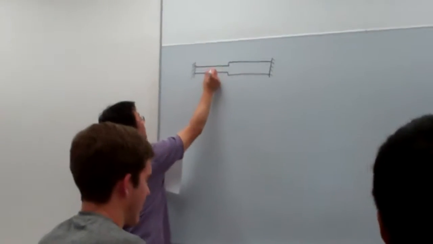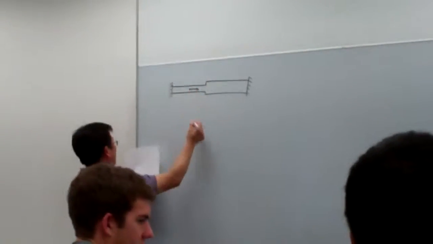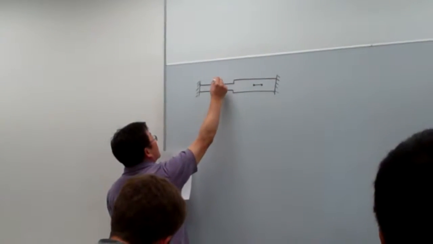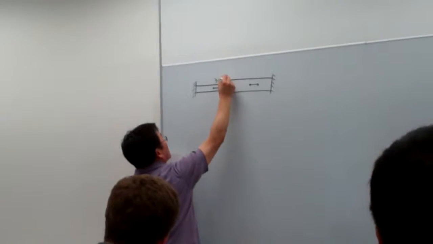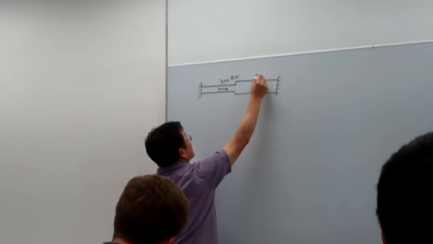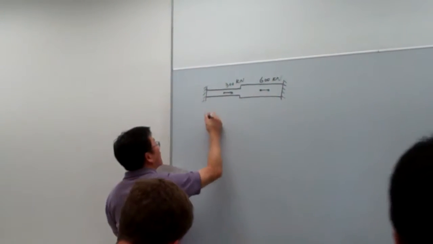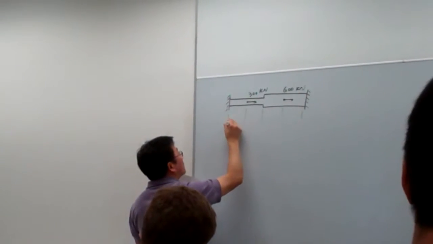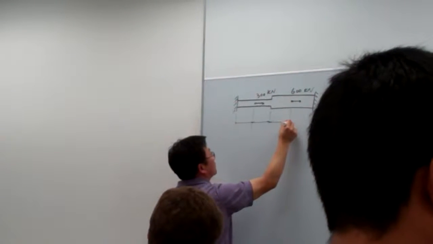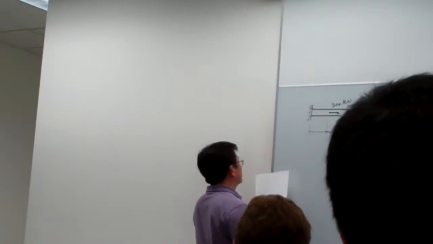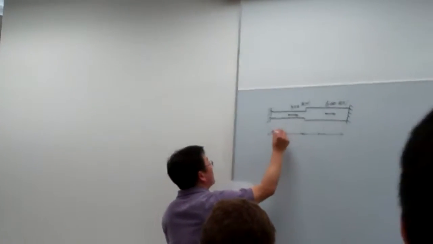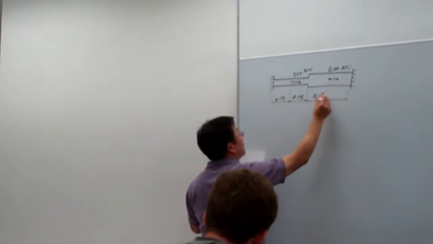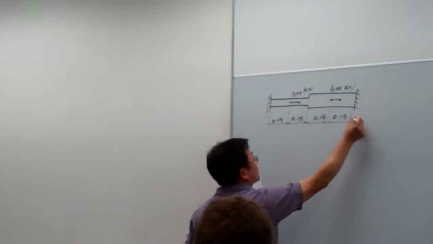And here is the loading here, and another loading here. One is 300 kilonewton, and this one is 600 kilonewton. And here we are given the dimensions: 0.15, 0.15, 0.15, and 0.15. That is meters.